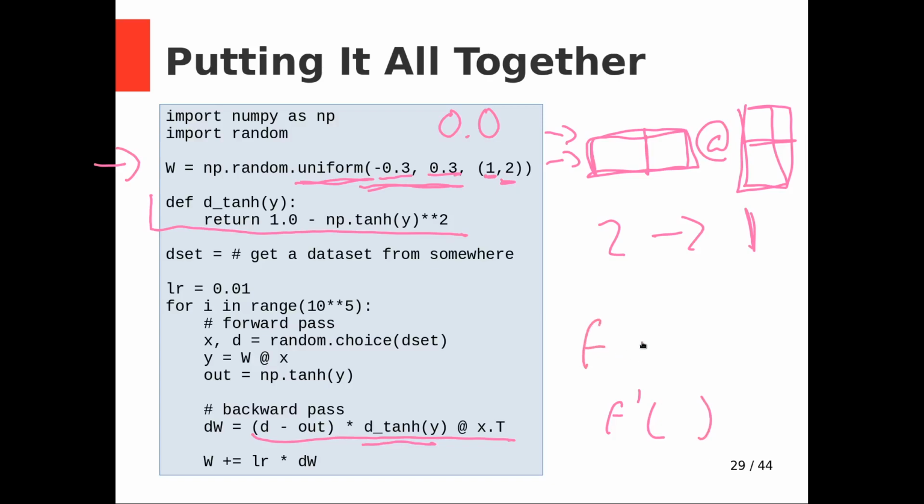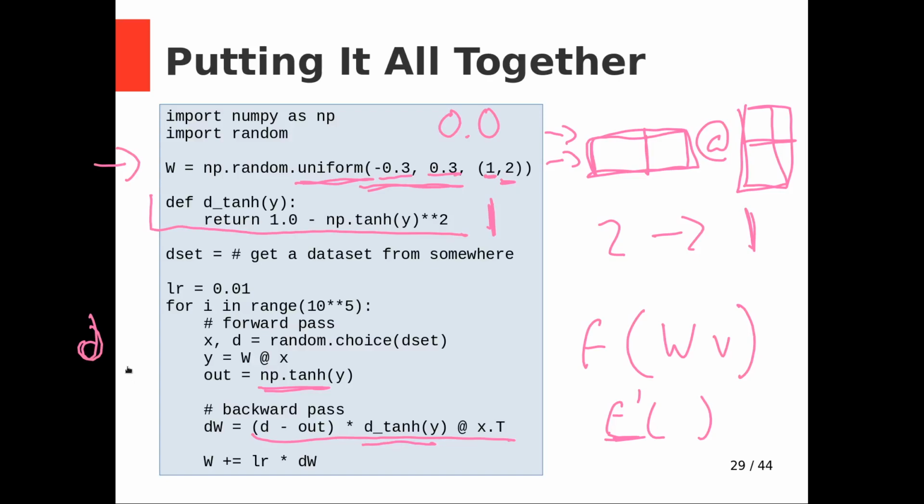So if our forward pass is activation of weight matrix times input column vector, then to do our weight updates, we need the derivative of that activation function. I have used tan-h as the activation function for the forward pass, so I need the derivative of tan-h. And it's d underscore tan-h because people write derivatives that way, right?